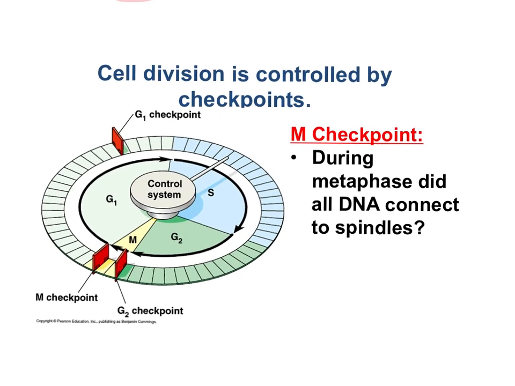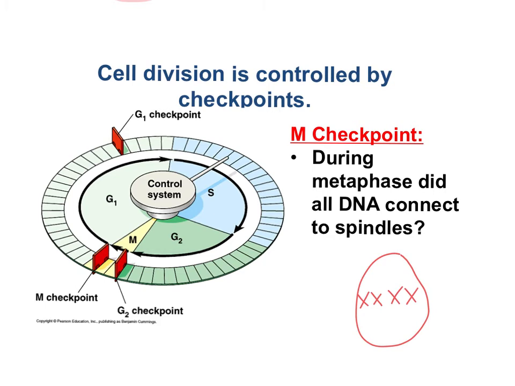Checkpoint number 3 is the M checkpoint. During the M checkpoint, the cell will make sure that the DNA is aligned properly at the center of the cell and that the DNA is all connected to the spindles. So if we imagine a cell in metaphase, I have the chromosomes lined up in the center.